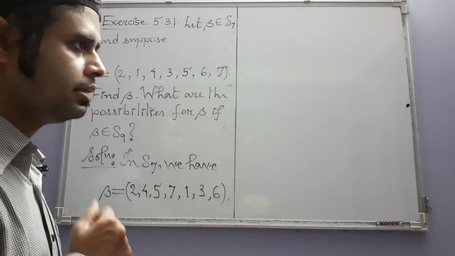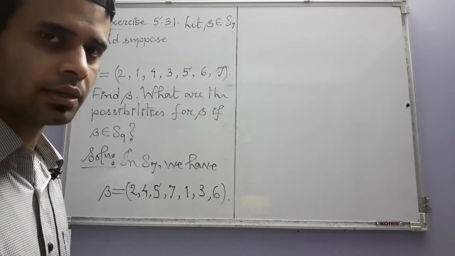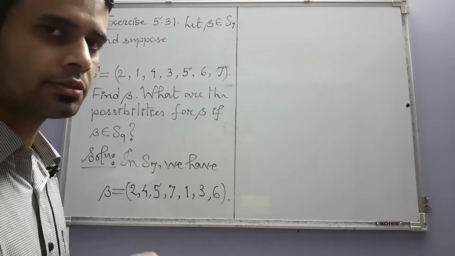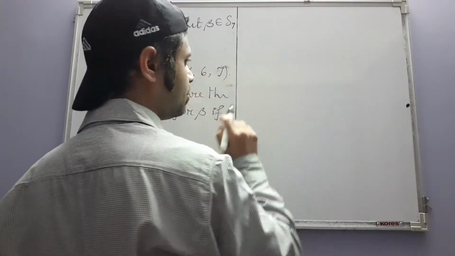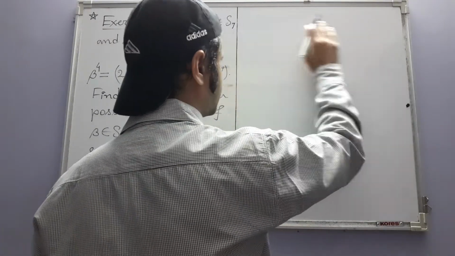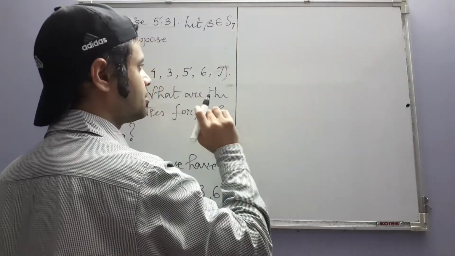For example, is beta a product of a 2 cycle and a 5 cycle, or is it a product of two 2 cycles and a 3 cycle? So there are many possibilities. The only thing we have to keep in mind is that in such a representation, all the 7 integers, all the 7 symbols must appear.